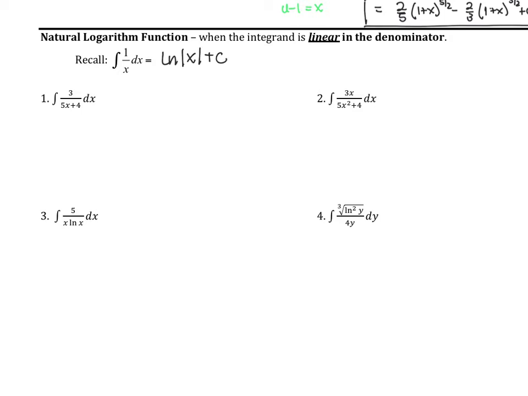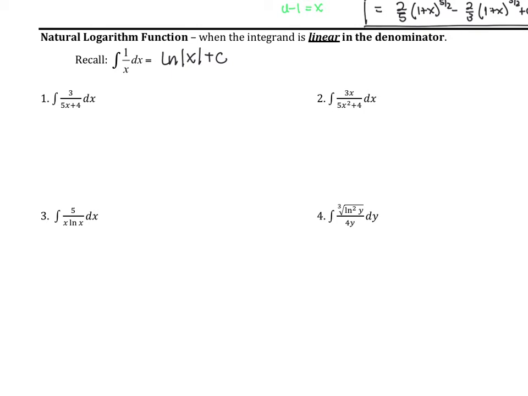Remember, it's the absolute value because the domain of the natural log only goes from 0 to infinity, numbers greater than 0, whereas 1 over x has a domain of all real numbers except 0. So to accommodate all real numbers, we're going to put the argument of the natural log in absolute value.